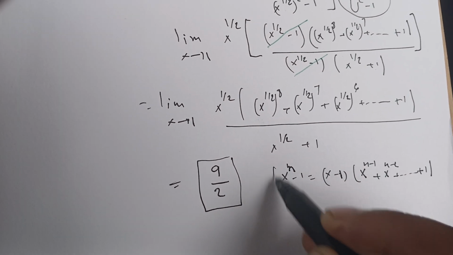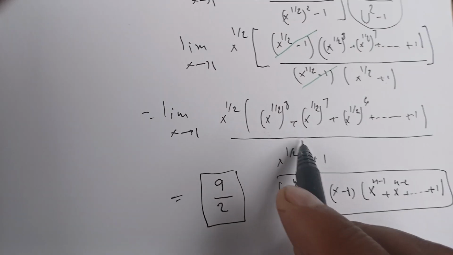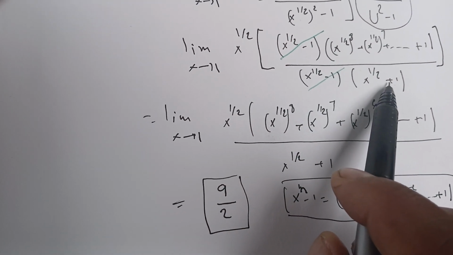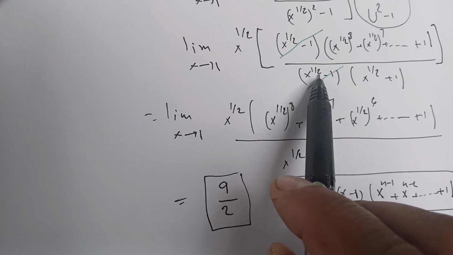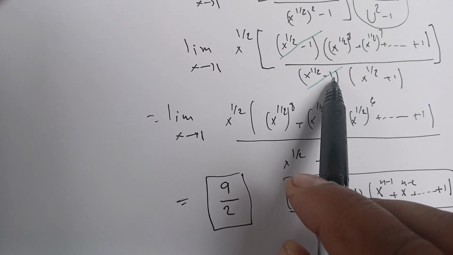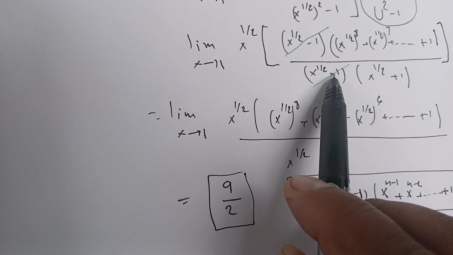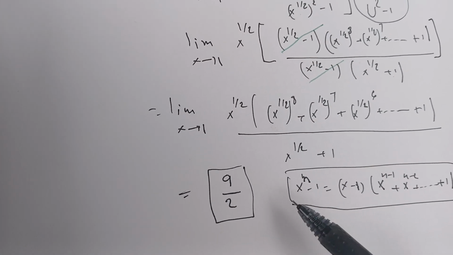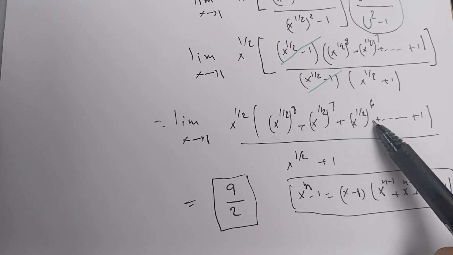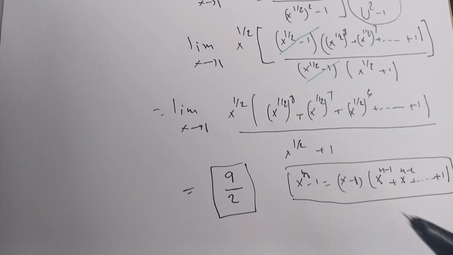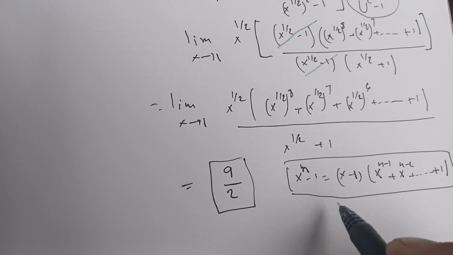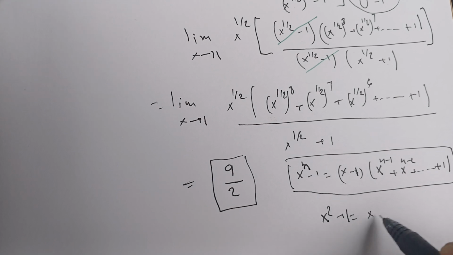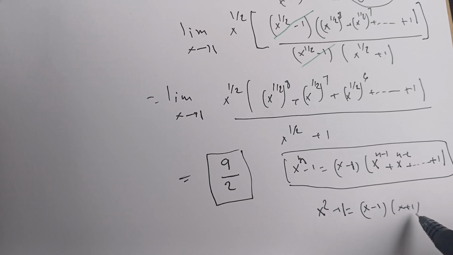This is very important in factoring and in getting rid of the problem, the square root of x minus 1 that was causing this problem. We have also used the fact that x squared minus 1 is x minus 1 times x plus 1.